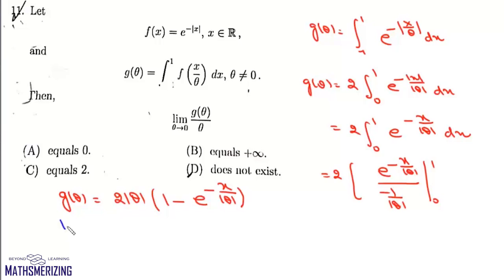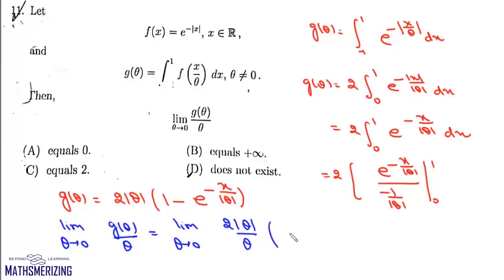Now we need to find this limit, which is the limit as theta tends to 0 of g(theta) upon theta, and that will be the limit as theta tends to 0 of 2 times mod of theta upon theta, and here this value should be 1 minus e to the power minus 1 upon mod theta.